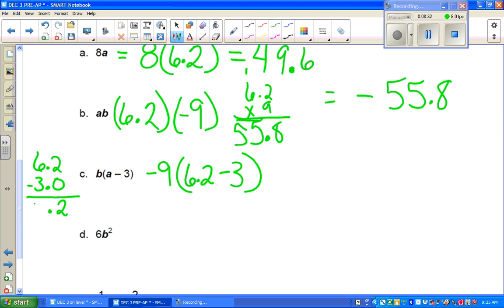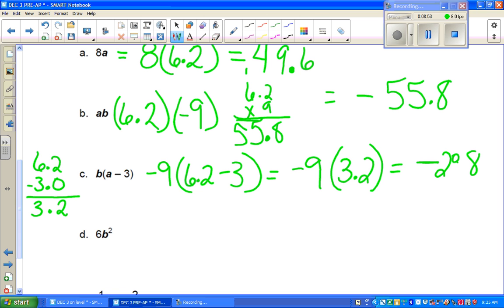Oh, my bad, it's subtraction. Yes, you're right. Okay, so we have negative 9 times 3 and 2/10. We're going to multiply that out, and we come up with negative 28 and 8/10.